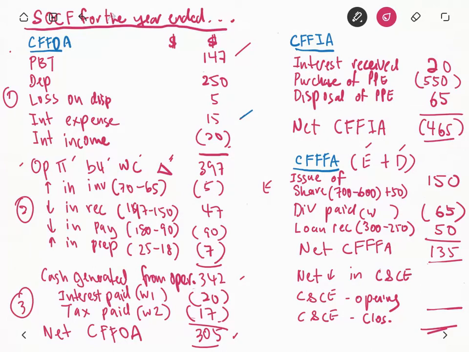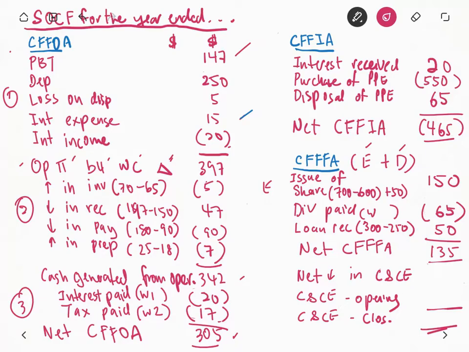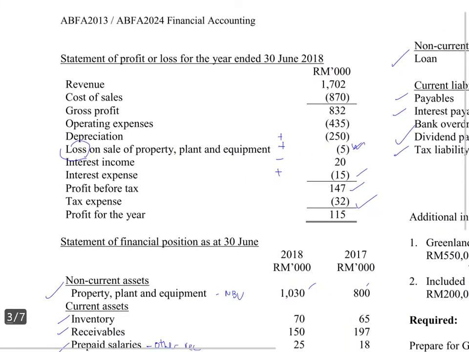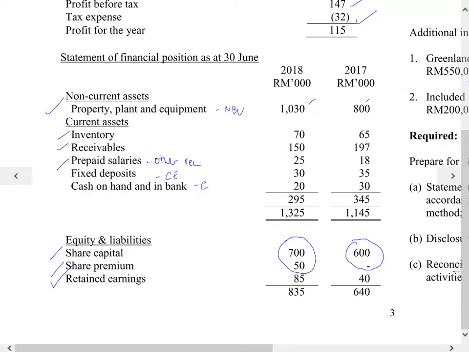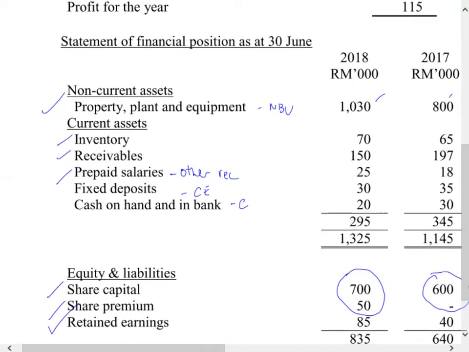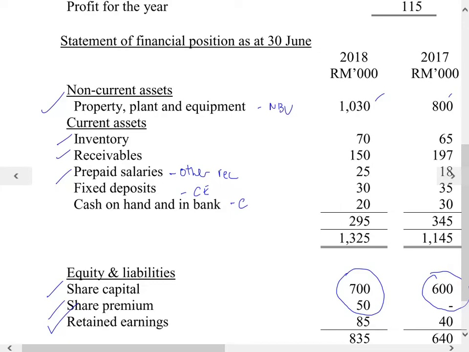Okay. So let's see which one we haven't ticked. Fixed deposit haven't ticked because we know fixed deposit is a cash equivalent, similar to cash. Cash in hand and bank also haven't ticked, is a cash.